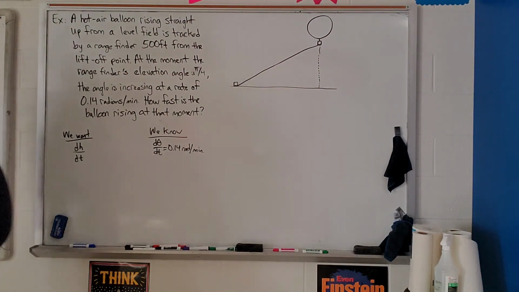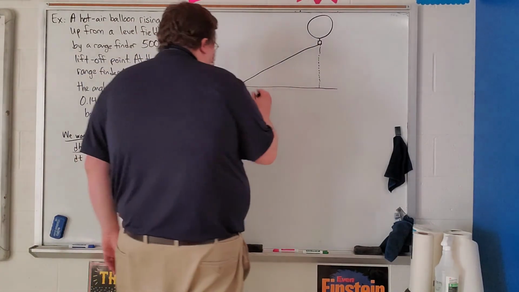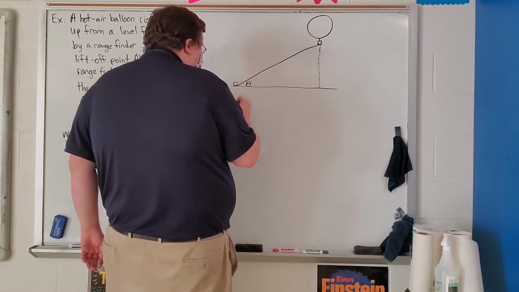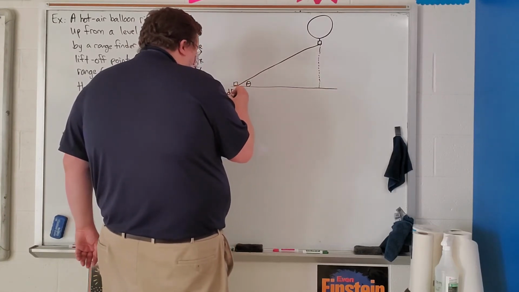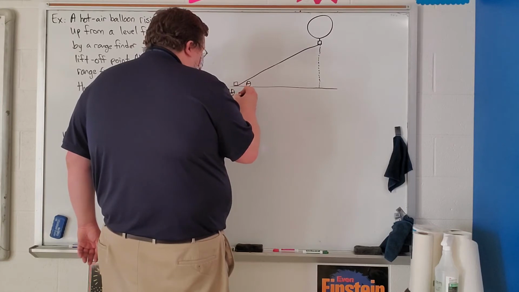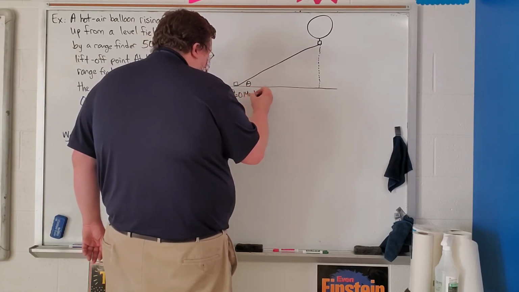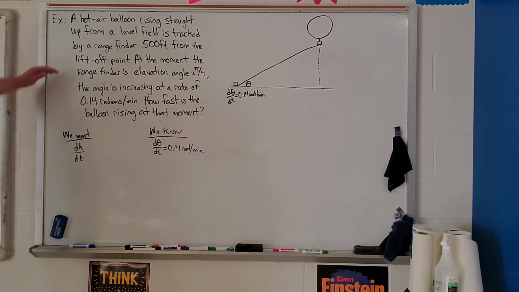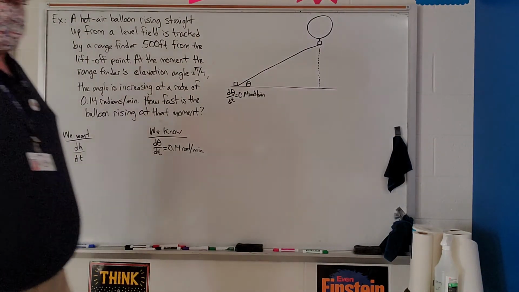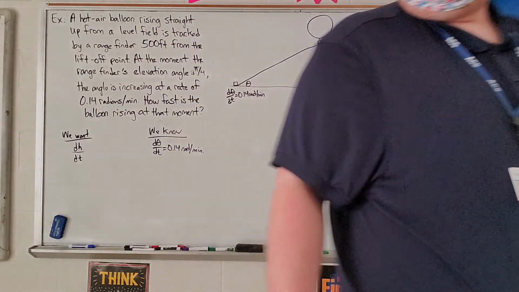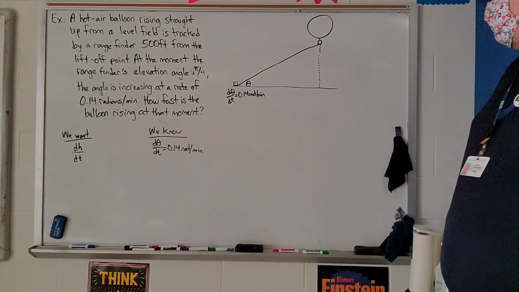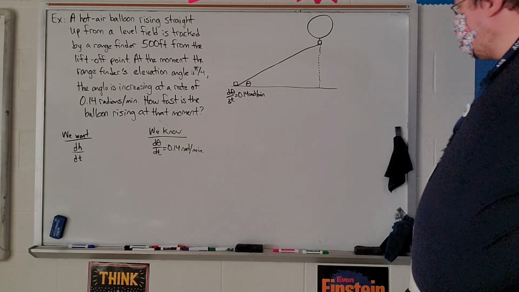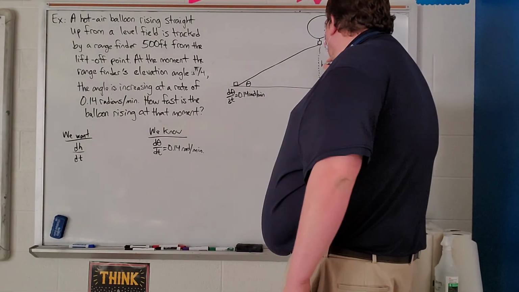And the angle that this rangefinder is measuring right now, theta, we know that theta is changing by 0.14 radians per minute. At that moment, though, it's pi over 4, but of course it's going to change. So here's our height.